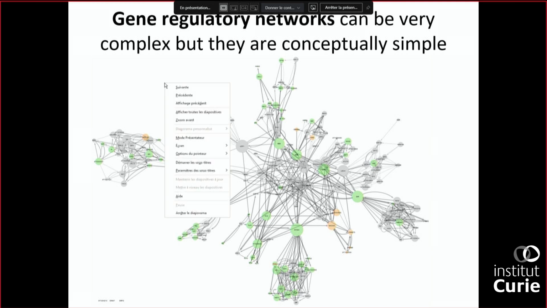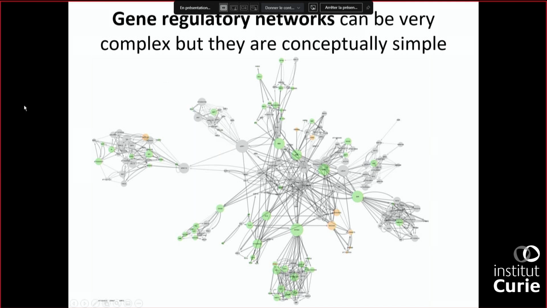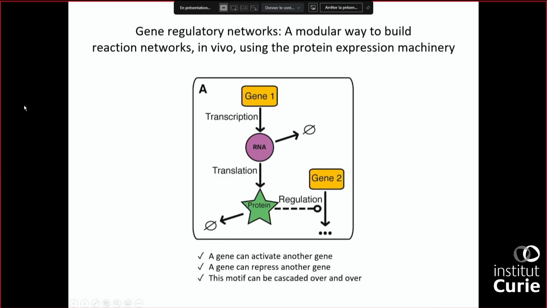The reason is that they have a very modular architecture, and you always find the same motif, more or less. I am simplifying grossly, but you find the same motif over and over. The large network that you have just seen on the previous slide is just a repetition of this basic motif again and again between many nodes.